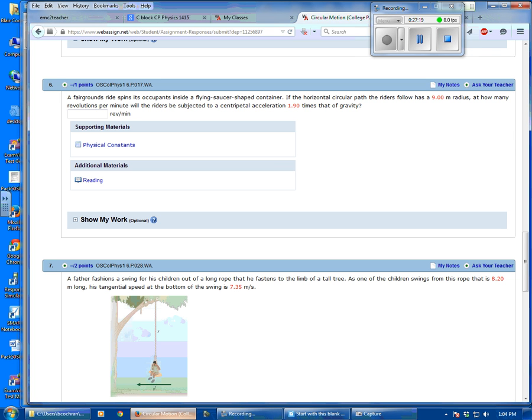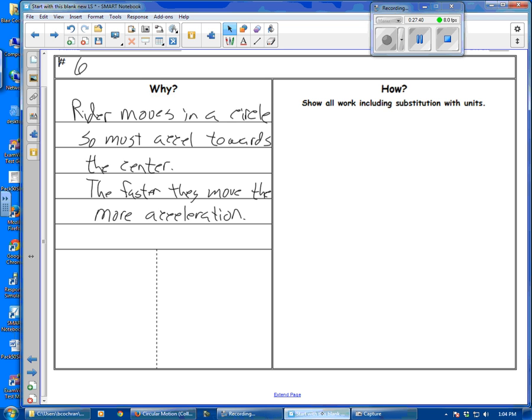So we could find the linear speed and then convert that to rotational speed, or we could figure it out by knowing some other facts. Let's do it by figuring out the linear speed. So I'm going to use my good old friend A sub c equals the linear speed v squared over r.